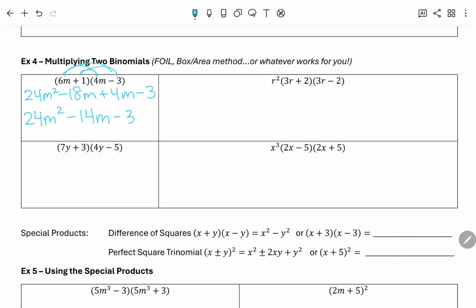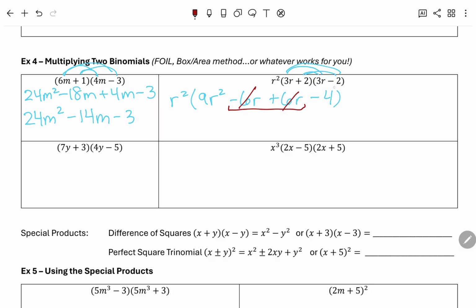Okay. For this next one, I'm going to just let that r squared hang out in front, and I'm going to first deal with this. That's going to give me 9r squared. Let's take a look what happens here. Minus 6r plus 6r minus 4. Okay, so this right here is going to sum to 0, right? And what was my clue that I knew that was going to happen already?